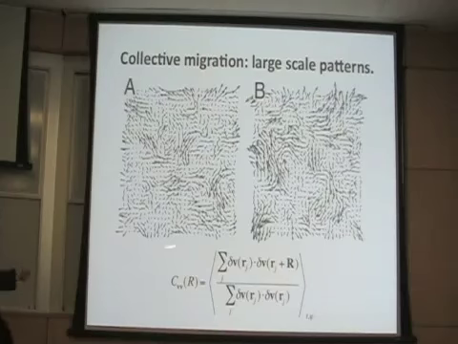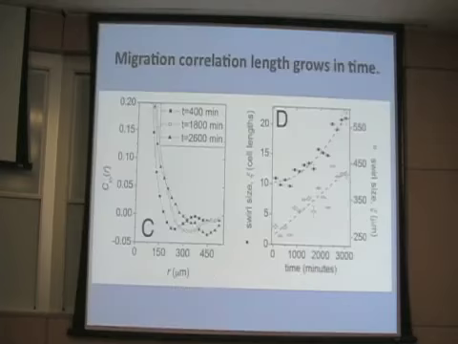You can do the same PIV analysis on that motion, and again you see large swirly domains, and we use almost the exact same correlation function, but now on velocity vectors. This time, instead of decaying exponentially, at each time point we have a negative minimum, which means these are more swirly.